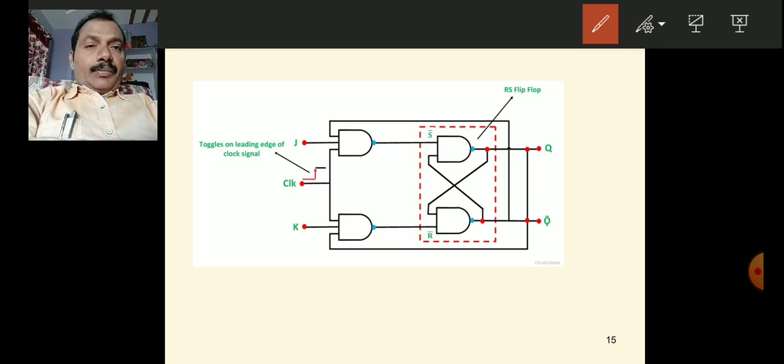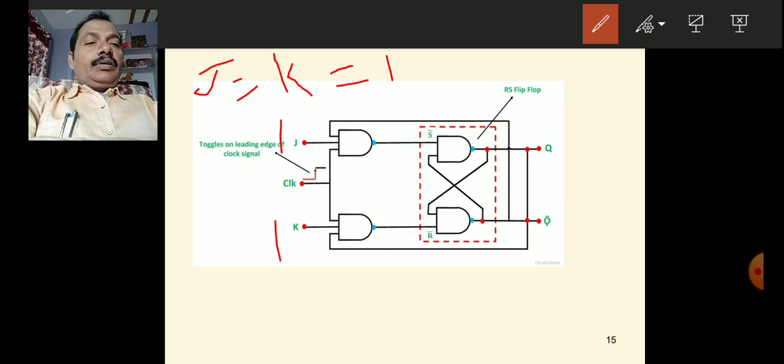The final combination, let us take J equals K equals 1. So J, K both are 1 1. Clock is also 1. Clock event is there. But you don't know other inputs.